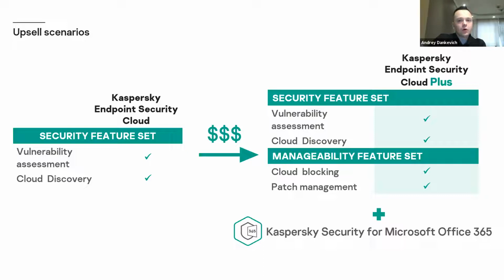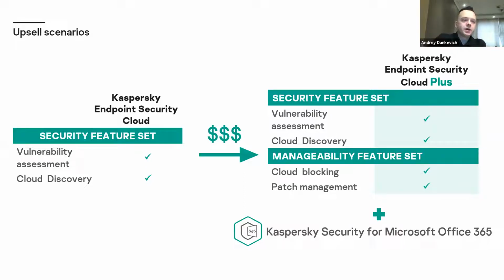But if you want to save your time, save your efforts and resources, and your time during the Friday nights, you had better purchase Kaspersky Endpoint Security Cloud Plus, where patch management is included, and you can install all the patches automatically by schedule. Cloud discovery to find out shadow IT is also separated between the tiers.